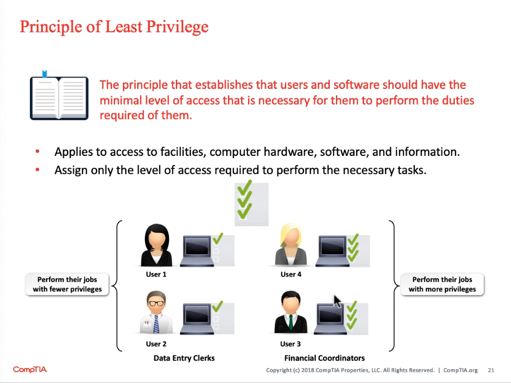So they are allowed to do what they need to do to get their job done, and the same thing with our IT professional and our custodial professional. Trust me, I used to be a janitor myself, so I know how that works.